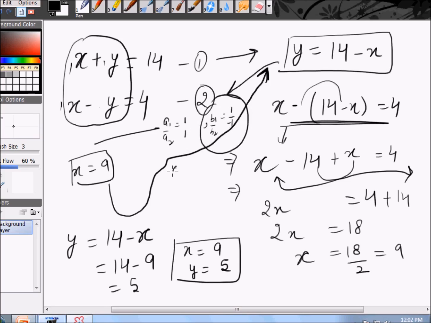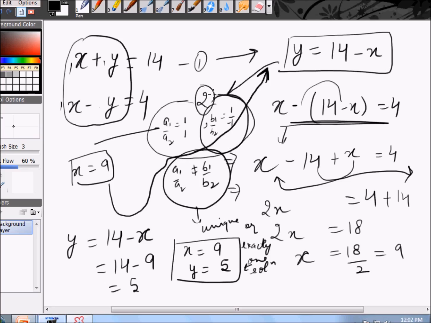Thus a1 over a2 is not equal to b1 over b2, and hence there is a unique or exactly one solution. This comparison has already been covered in the graphical method of solving a linear pair of equations.